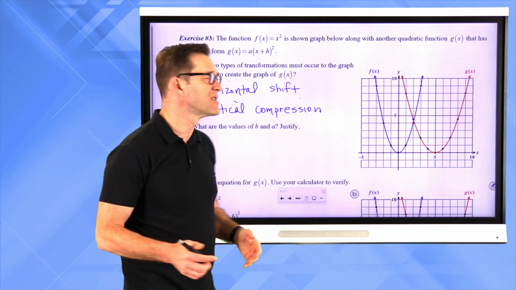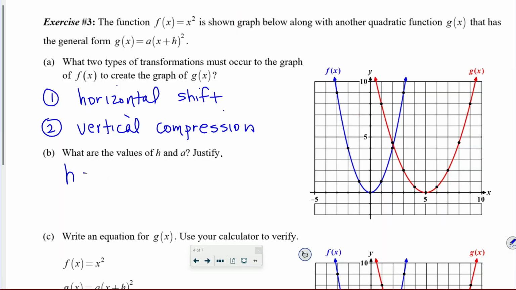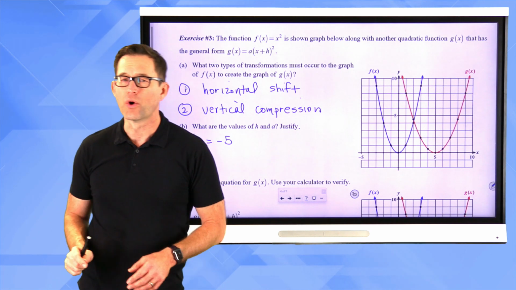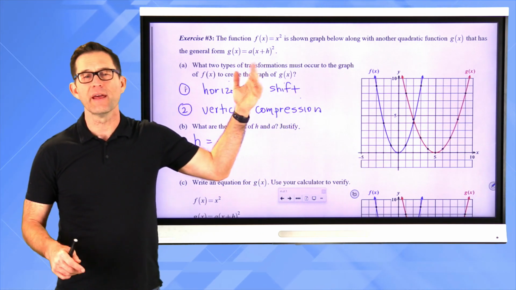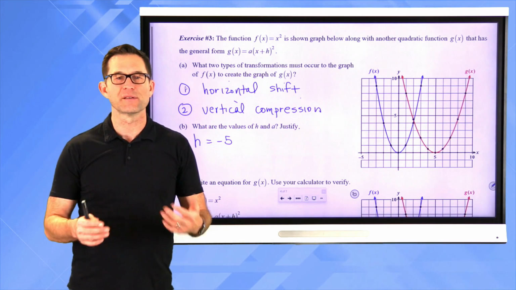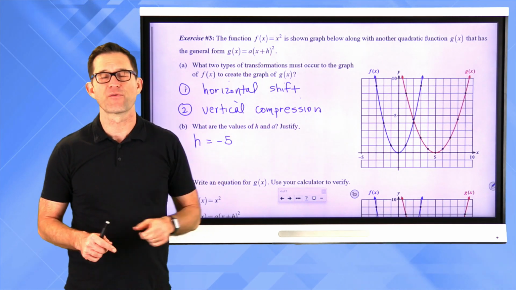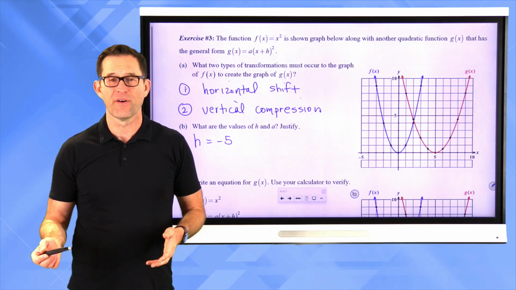So h is going to be equal to -5, right? We're moving that graph 5 units to the right, which means most of the time I want to think about that as subtracting 5, but the way that the problem is phrased, I'm going to be adding a -5.